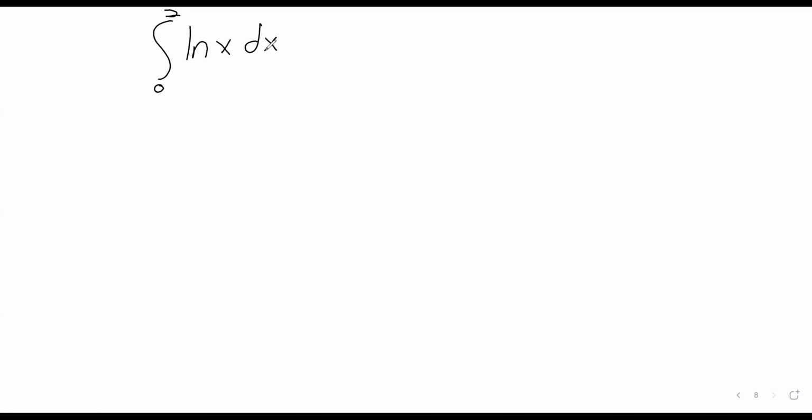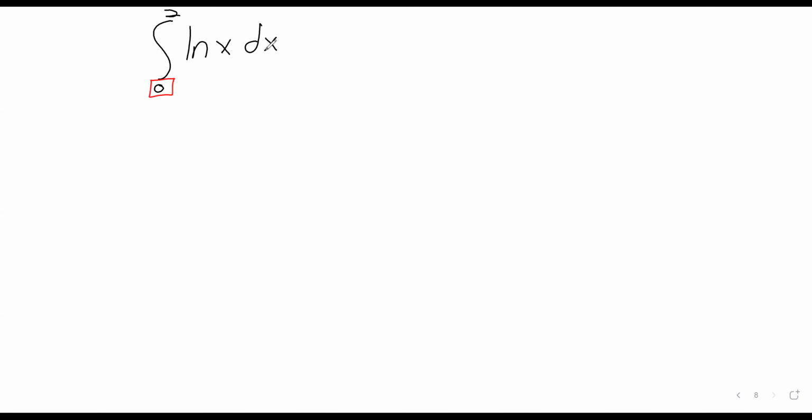Sure. The integral from 0 to 2 of the natural log of x dx. So this is an improper integral. It's an improper integral for the same reason that the last two integrals were improper. There is a vertical asymptote at 0. I mean, we normally think of vertical asymptotes as coming from division by 0.